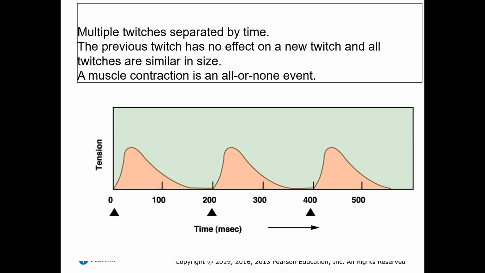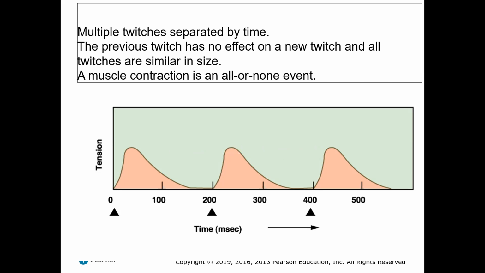There's no difference, essentially, between this level of tension here and this level of tension here. If we let this muscle cell relax for another 200 milliseconds, and we hit it again with a third stimulus, we get the same result. We get tension that is equal to the tension from the first two stimuli. We contract, we relax. We contract, we relax.